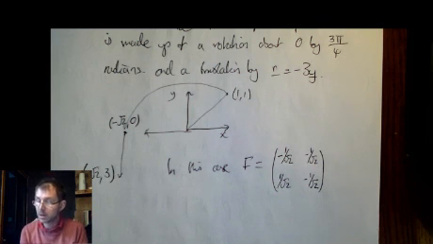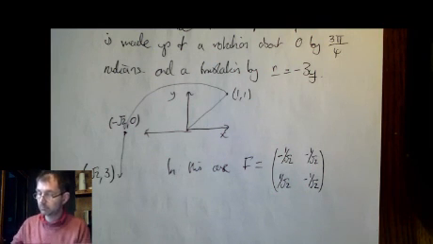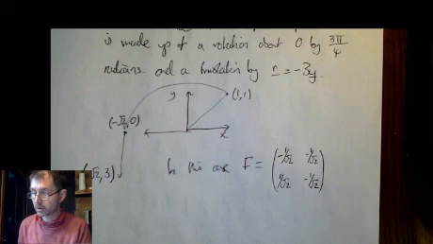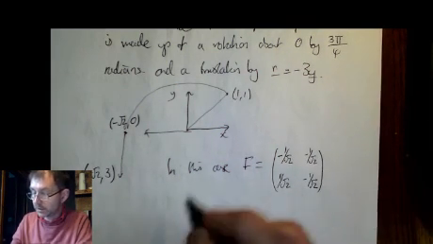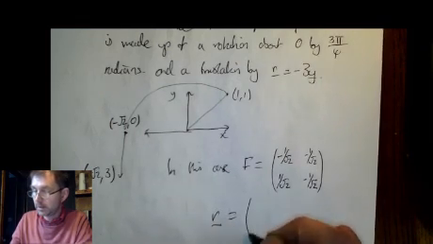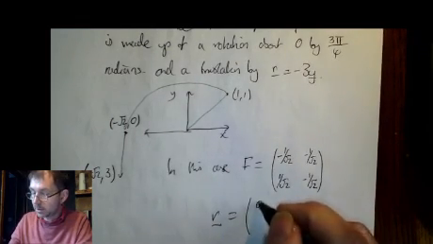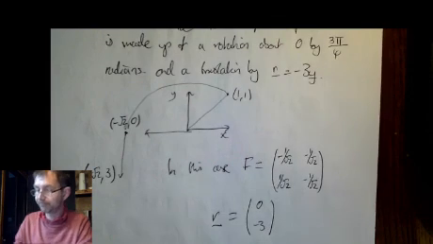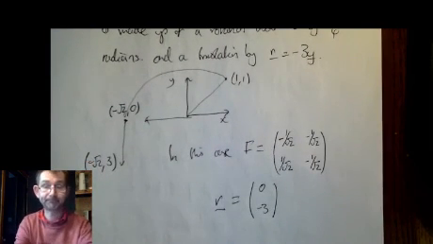So that's the matrix representing F, and then of course we can represent r as a vector by (0, -3).